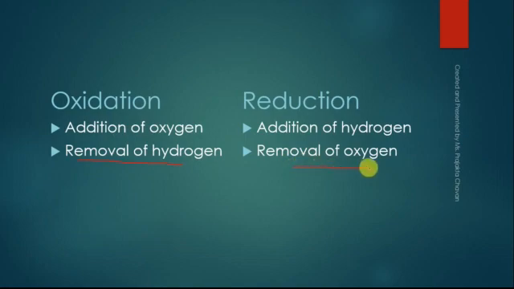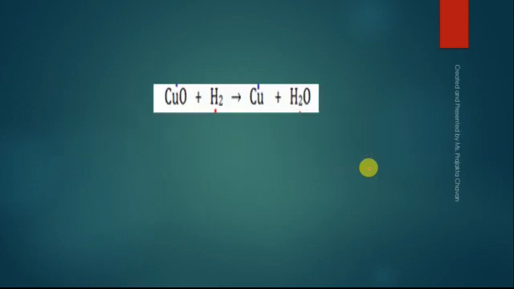So let us understand this with the help of another equation. So this is an equation in front of you all. Copper oxide, when treated with hydrogen, is getting converted to copper and water. So let us understand the changes that are taking place from reactants to products. Earlier we were having copper oxide which got converted to copper. So in this change, what is happening here, students?